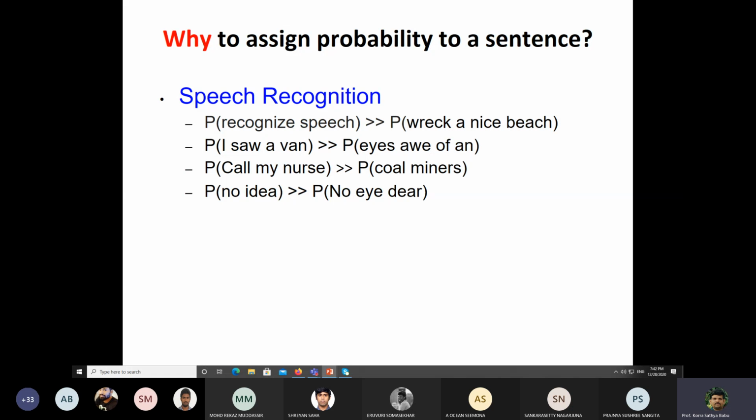It means that the probability of "call my nurse" is greater than the probability of "coal miners". Now similarly you see here, the probability of "no idea" is greater than the probability of "no eye deer".